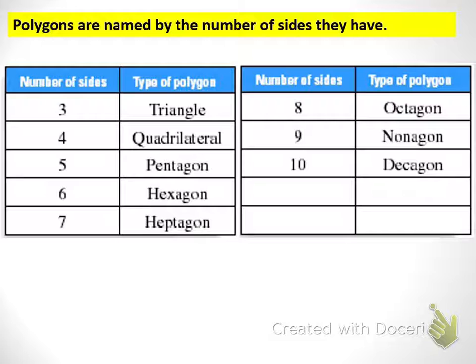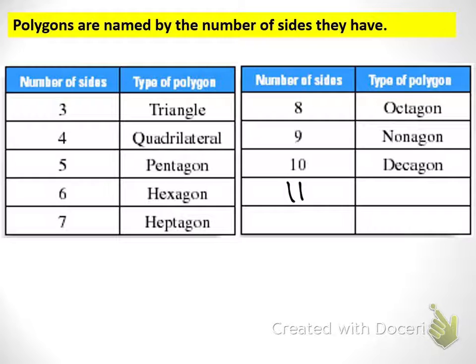All right, so now you're going to write 11. Every one of 11, 12, 13, 14, 15, all the way up to 19, ends in decagon because decagon means 10.